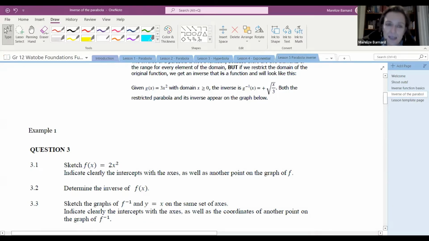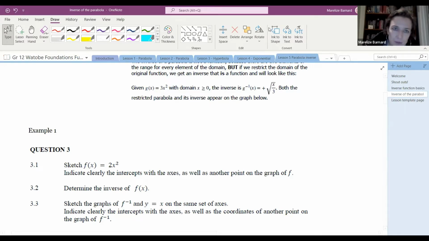It says here, clearly indicate the intercepts with the axes as well as another point on the graph of f. Now, that's very important. Don't leave out that little bit of detail, okay? So clearly indicate the intercepts with the axes as well as another point on the graph of f. I'm going to give you 2 minutes to sketch your parabola 2x squared.